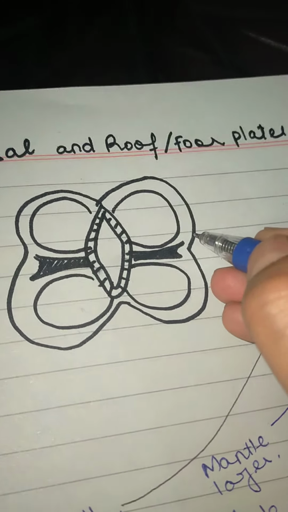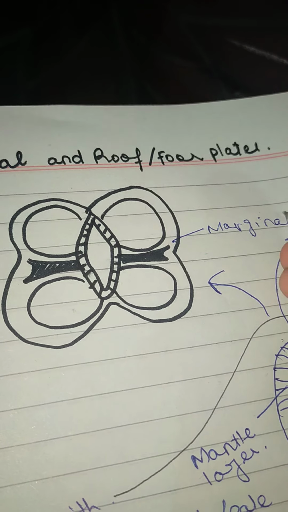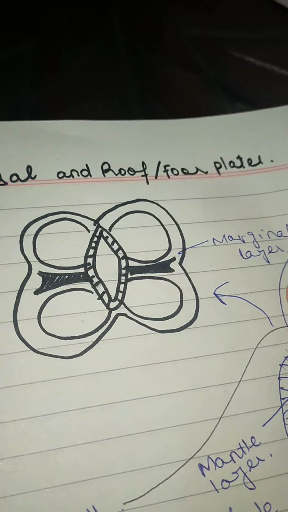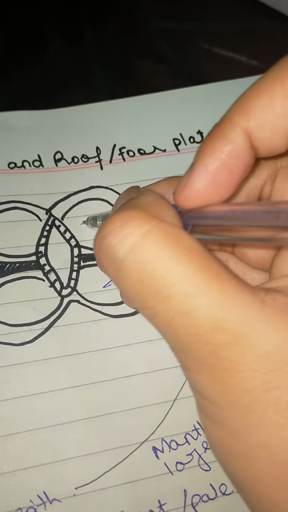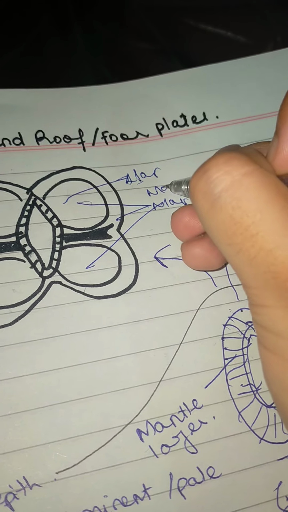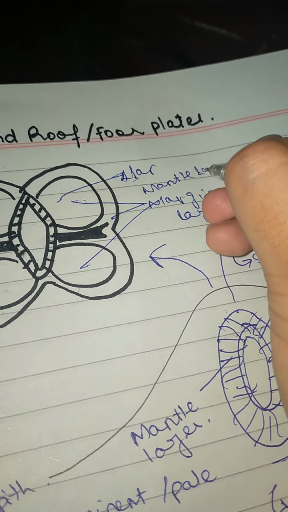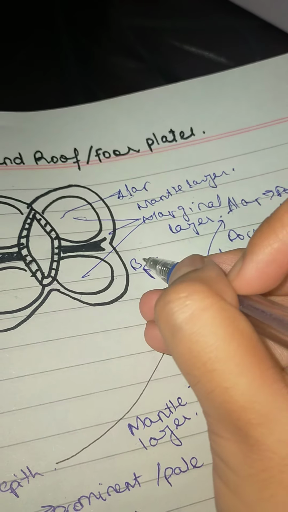So in this diagram, the surrounding part is the marginal layer. These are the mantle layers, the alar and basal parts. This is the alar part. It's the mantle layer. This is the basal part, which is ventral.